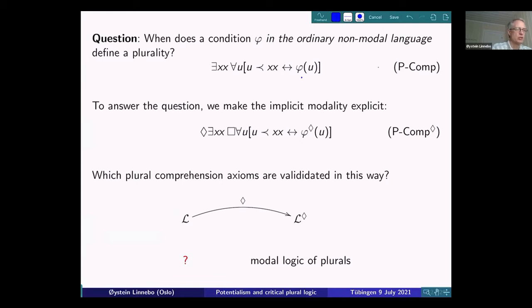So you take that question as it arises in the non-modal setting, translate it by the potentialist translation into the modal setting. You get this question: for which formulas phi, is it possible for there to be some things that necessarily are all and only the phis? And we want to know which plural comprehension axioms are validated in that way.